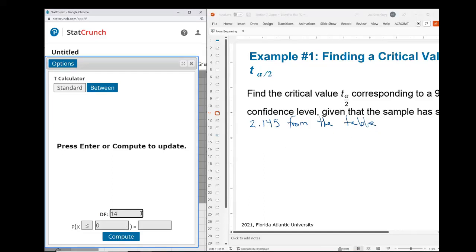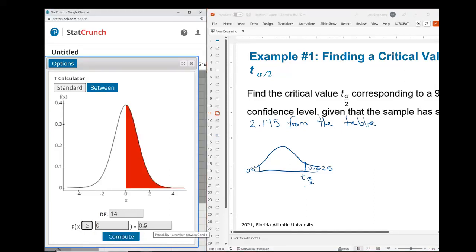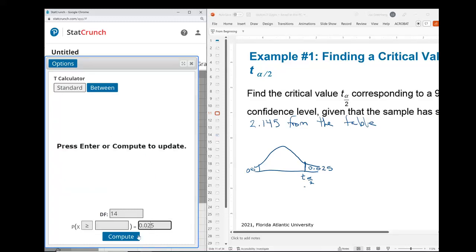Remember, we want the t-score to always be bigger than, this would be t of alpha over 2, right? So this is 0.025 because we have 95%. So all I have to do is change this to greater than, and then I put in here 0.025.